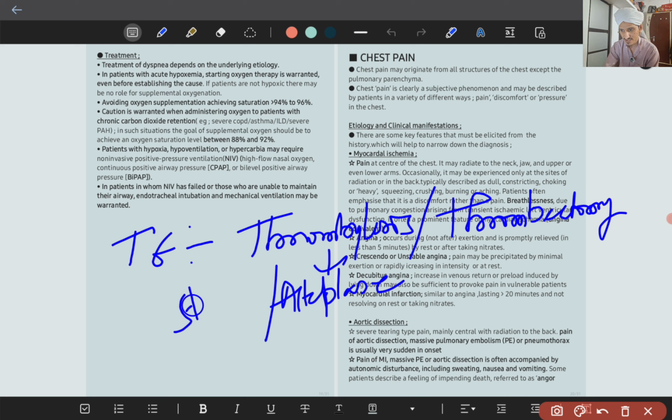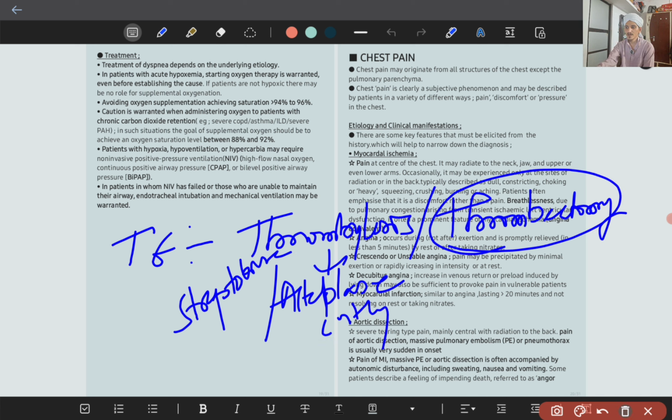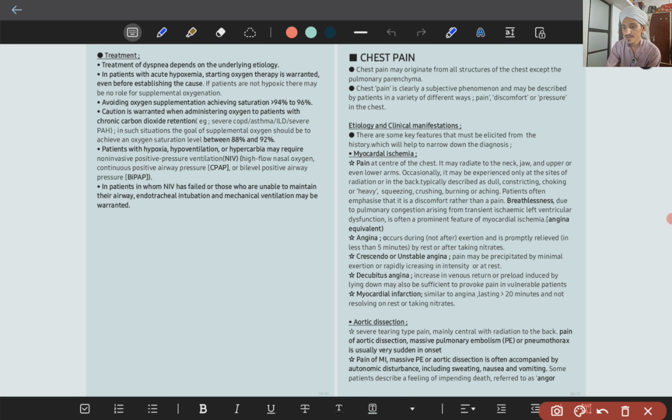Streptokinase can also be used. This is cheaper actually, streptokinase, and alteplase is costlier. Thrombectomy is taking out the clot from the pulmonary artery by surgery. That was acute thromboembolism.